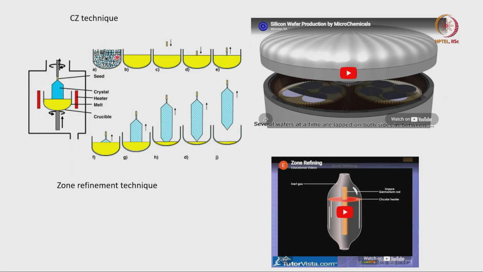You melt it: first you heat it and melt it in this huge crucible-like thing that you have here, in a heater assembly. Then there is a seed of silicon, and you start dipping it inside the melt. So the seed goes and sits inside the melt.